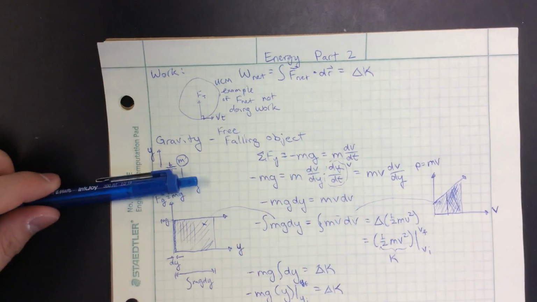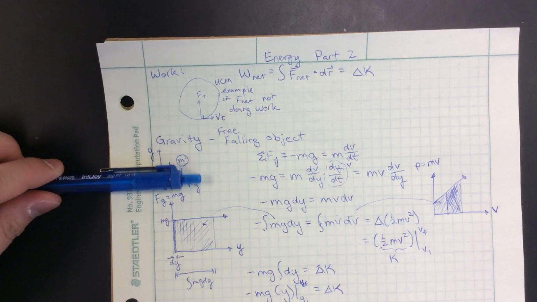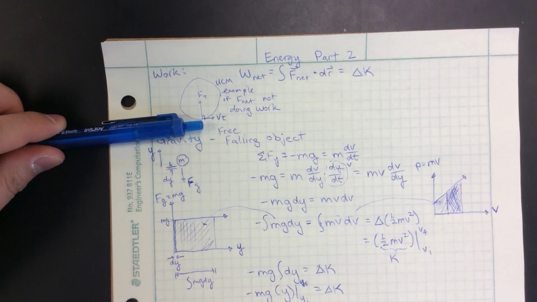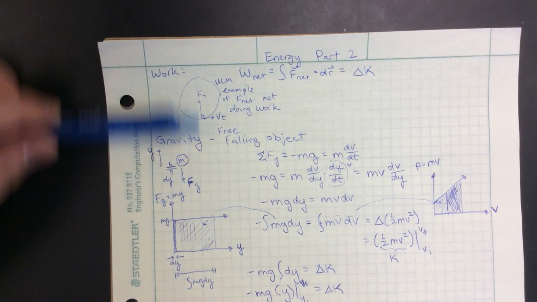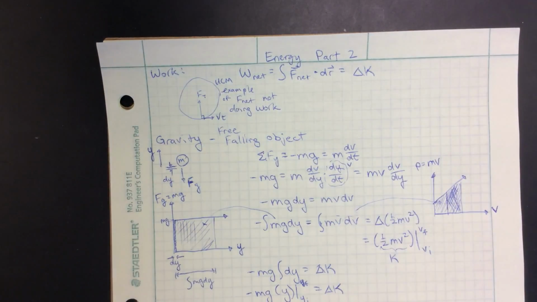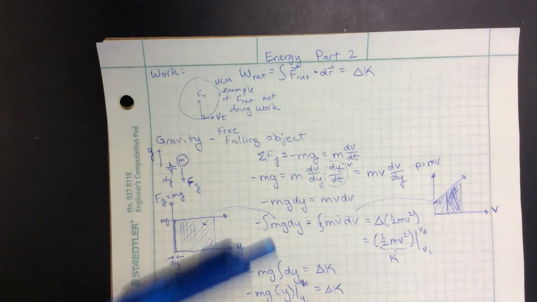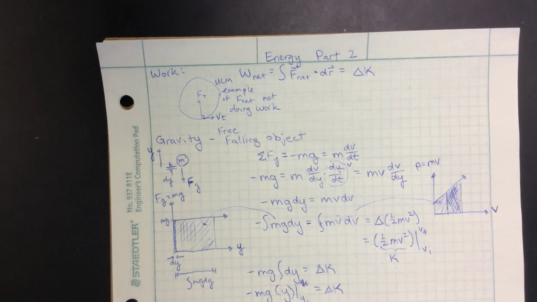If I raise an object up, if I have positive positional change, then I must get that energy from somewhere. So if I take a pen and throw it upward, it starts with velocity, with kinetic energy. It loses kinetic energy because it comes to a stop, but it has gained height.